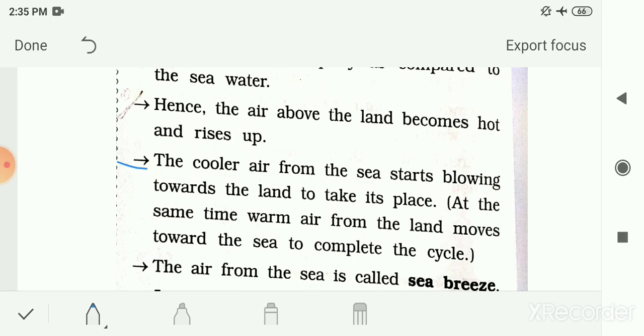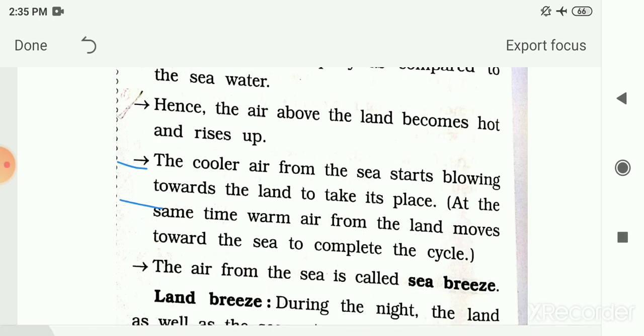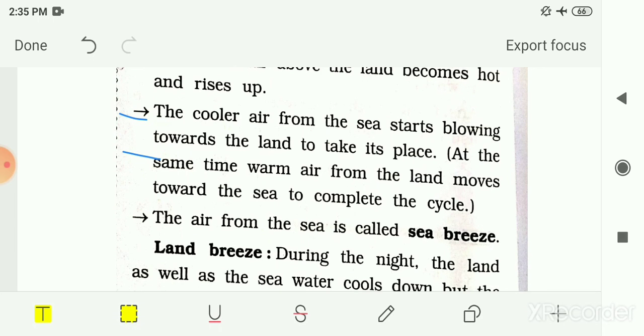As the air above the land rises up, space is created, so the air present on the sea starts blowing towards the land and takes the place of the air on the land, and at the same time warm air from the land moves towards the sea to complete this cycle, and this air forms the sea breeze.